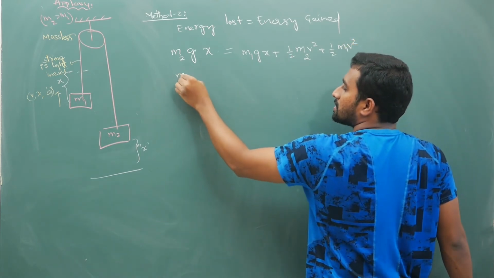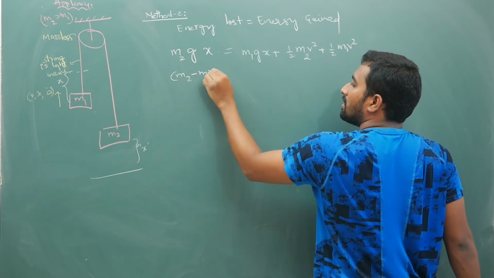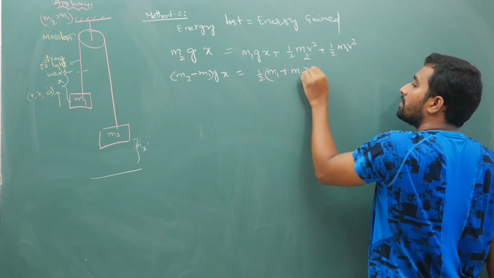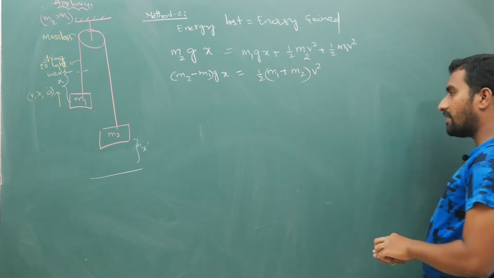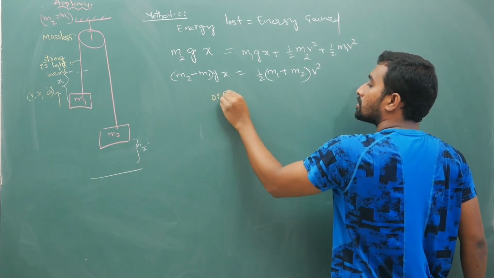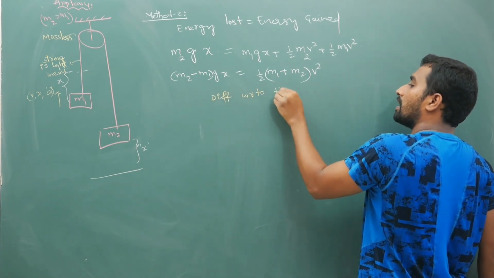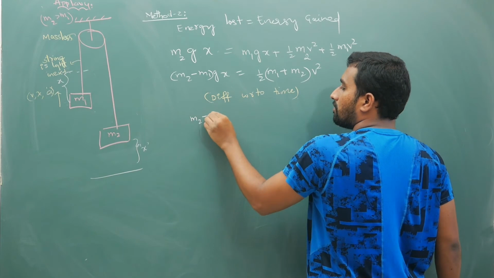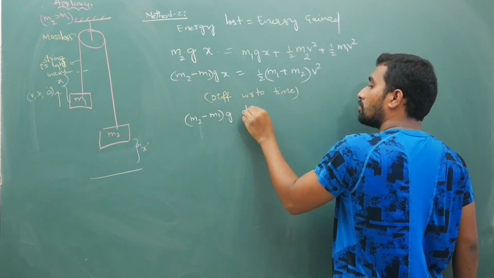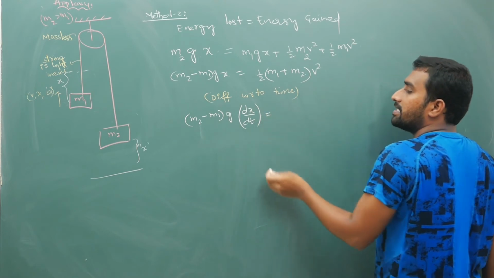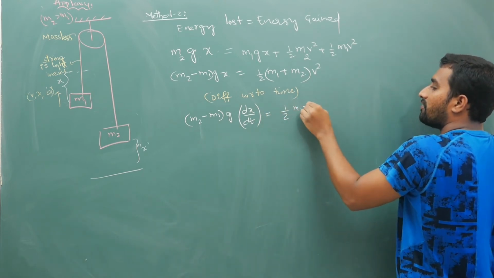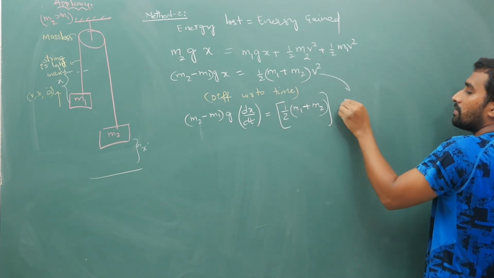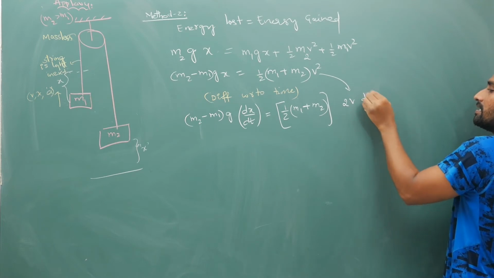Now if you simplify this, m2 minus m1 into g into x is equal to half of m1 plus m2 into v square. Now I will differentiate it with respect to time. Differentiating with respect to time, you are going to get m2 minus m1 into g, g is constant, only x is variable, so that is dx by dt, is equal to half of m1 plus m2, this part is constant, times the derivative of v square, which is 2v into dv by dt.